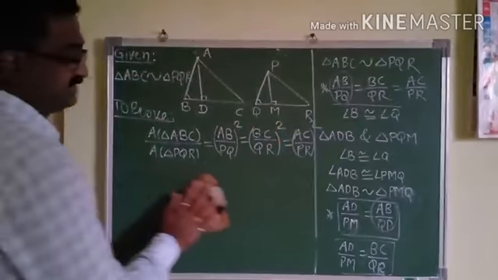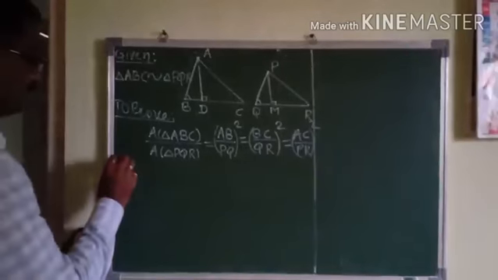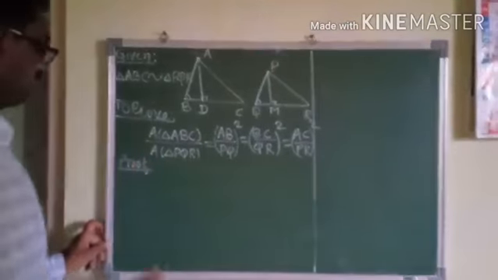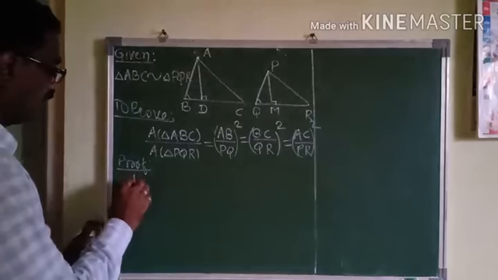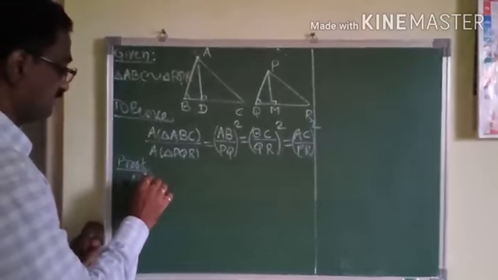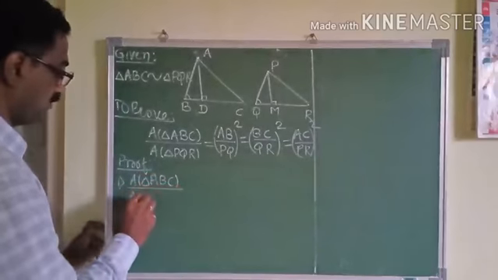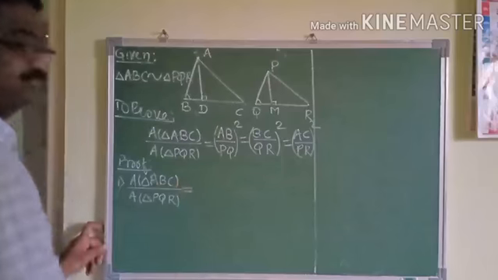Now let us write the proof step by step. So proof. First statement: area of triangle ABC upon area of triangle PQR is equal to.